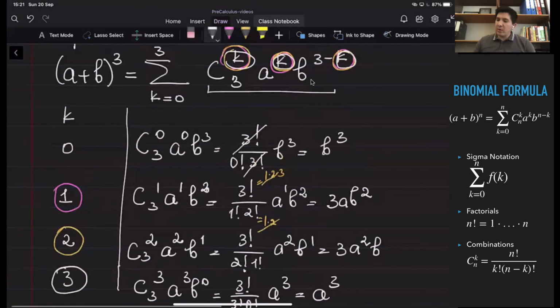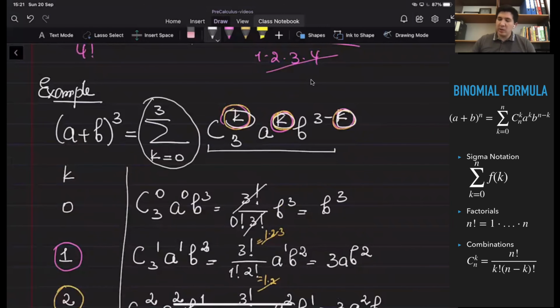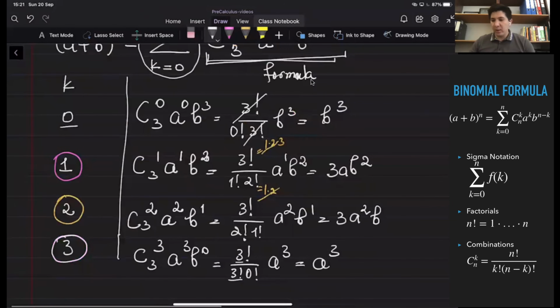If you remember, for the sigma notation, we need to get all the values of k starting from 0 until 3 and calculate this formula for every value of k. We did this for all four values. And at the end, we need to sum all of the calculations we did for every value of k.